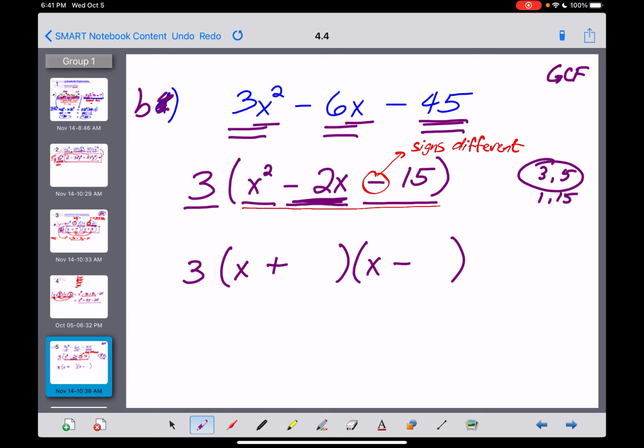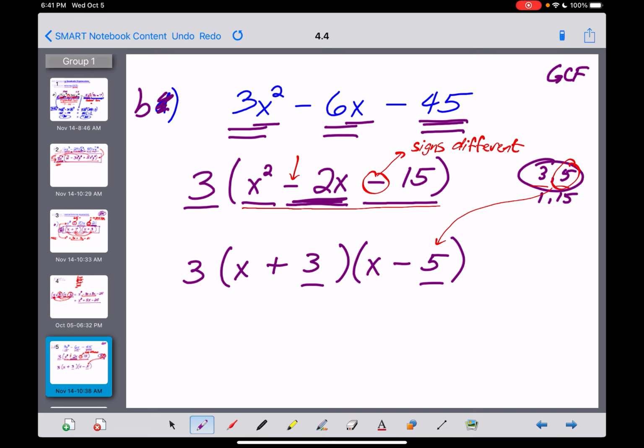That means that to combine these two numbers, we're actually going to subtract their values. And when the signs are different, whatever sign you have right here, which in this case is negative, that is where the larger of these two numbers is going to follow. 5 is my bigger number, so that goes with the minus sign right here. So that's going to be an x minus 5, and then the smaller number, 3, is going to go right there.